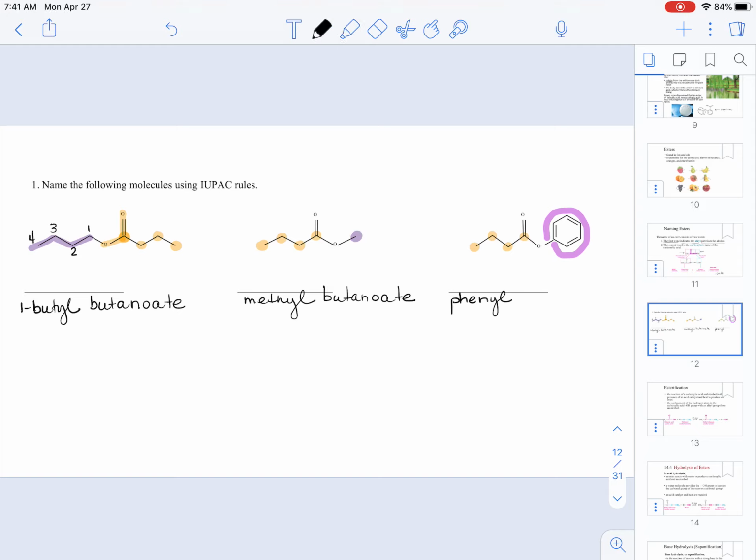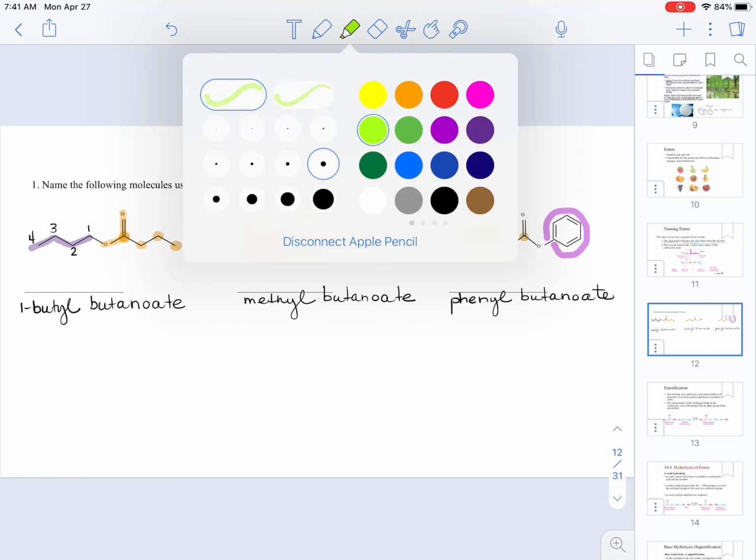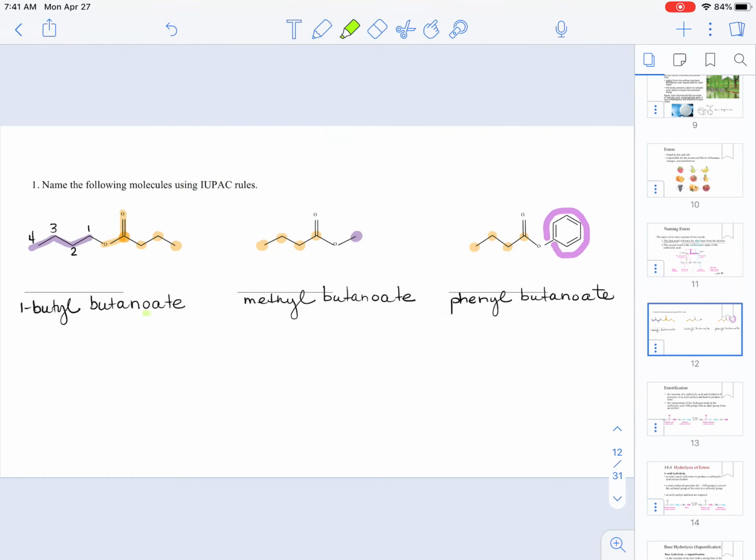So in the last molecule, the name is phenyl butanoate. Always remember that when it comes to naming esters, the portion of the carboxylate ends in OATE.